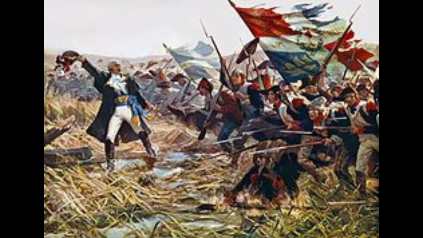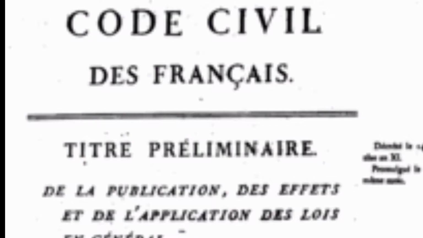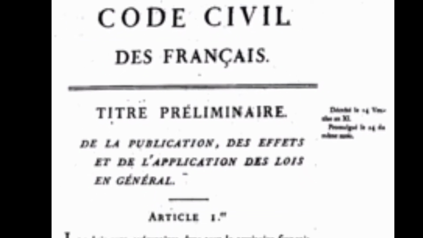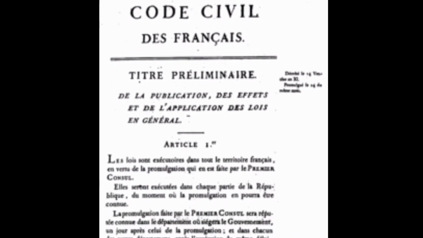French armies moved into Holland, Belgium, Switzerland and much of Italy in the 1790s. Napoleon destroyed democracy in France. The Civil Code of 1804 is also known as the Napoleonic Code of 1804.